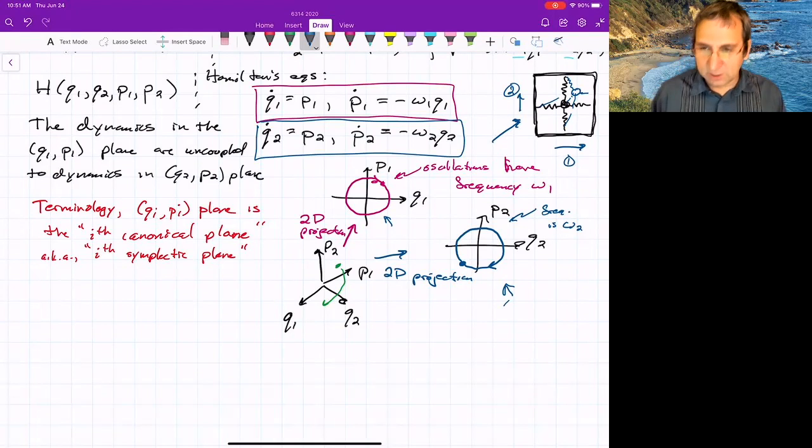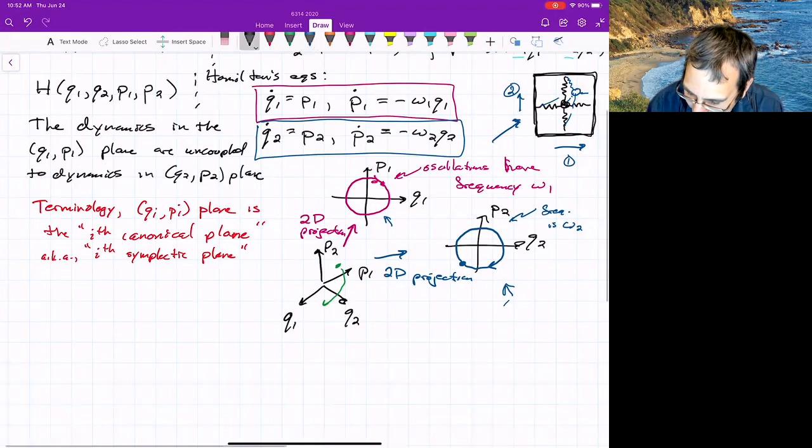But what do things look like in the 4-dimensional phase space? It turns out it looks like motion on a torus. So for a general initial condition in the 4D phase space, there is a 2-dimensional torus, the surface of a donut. The way to understand that would be if we were to track where we are in each cycle and use an angle.